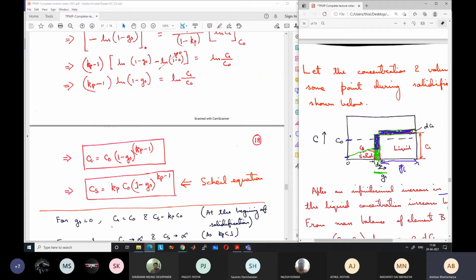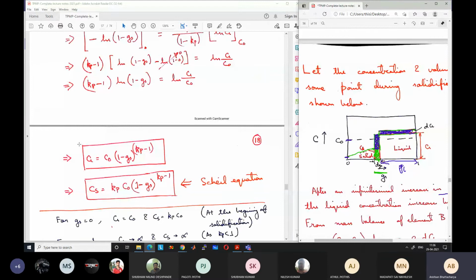So this is the relation between the concentration of liquid and the solid fraction, okay, or liquid fraction. So I can also write this as C0 into Gl to the power Kp minus 1, because 1 minus Gs is Gl. I can write this as Cl is equal to C0 Gl to the power Kp minus 1. Okay.